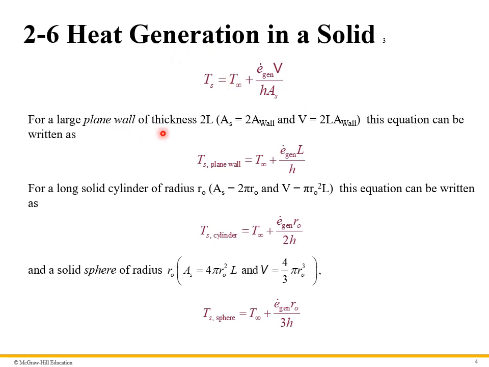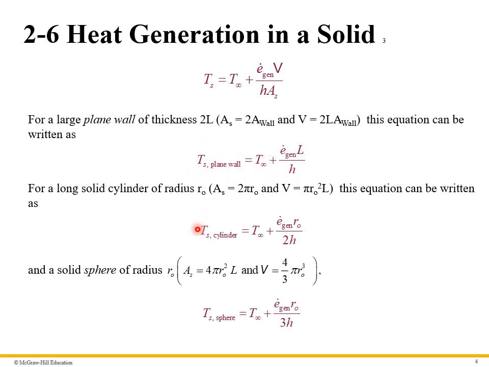For example, if you have a plane wall that has a thickness of 2L, then the area of the surface is 2 times the area of the wall, and the volume is 2L times the area. You can substitute this in, substituting for V and for A sub S, and you end up with this equation here for a large plane wall.